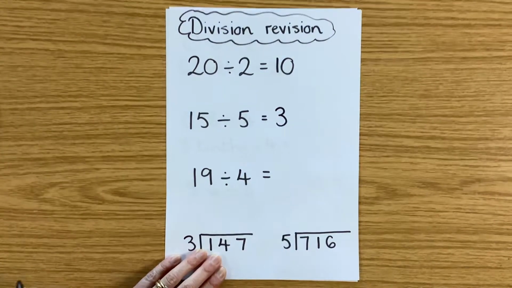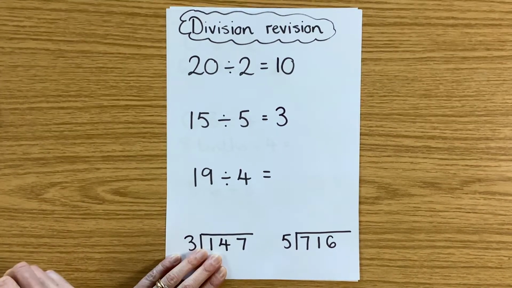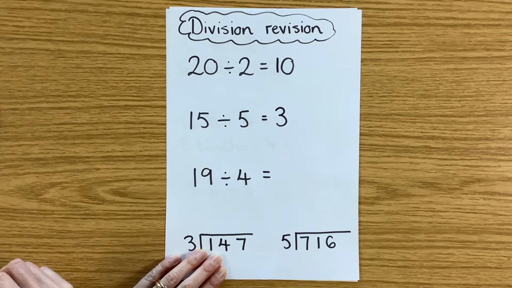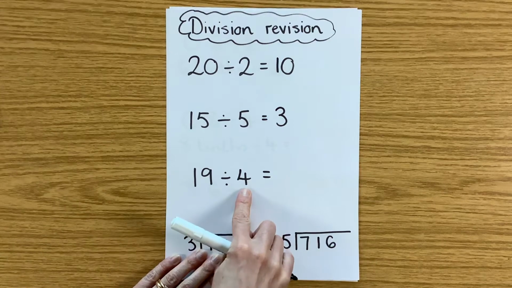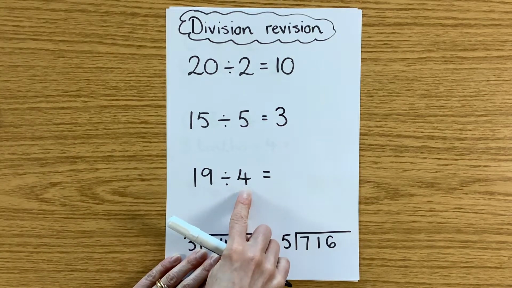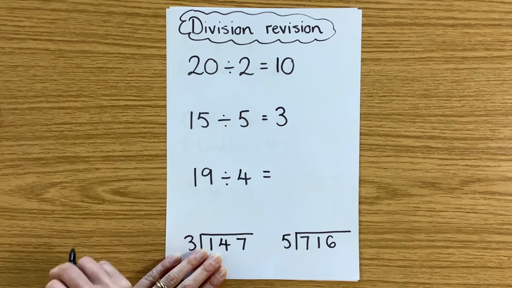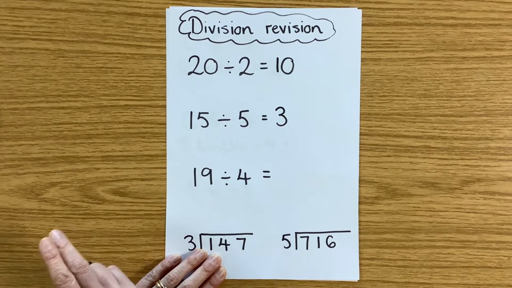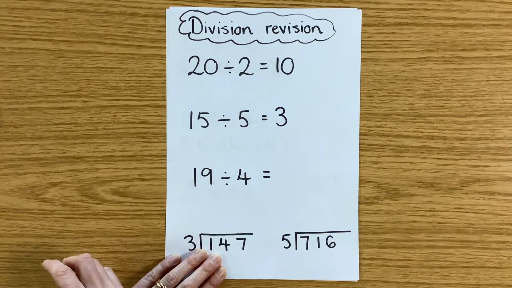So back in P5, we would have practiced these sorts of questions, and then we would have gone on to questions like this one, 19 divided by 4. Now, we know that 19 actually won't divide by 4. If I think about my 4 times table, the answers go 4, 8, 12, 16, 20. There's no 19.